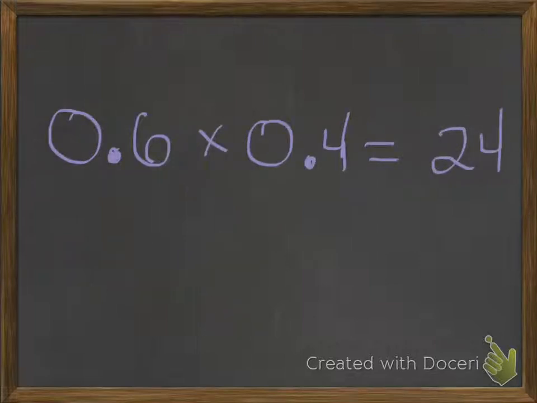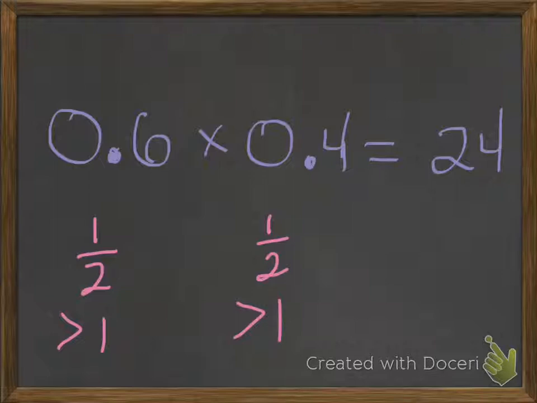Let's try another one. This time, you try to find out where the decimal point goes. Pause the video, and then come back. Okay, so we have 0.6 times 0.4. I know that 0.6 is about half of something, so it's less than 1. I know that 0.4 is also about half of something, and it's less than 1 as well.